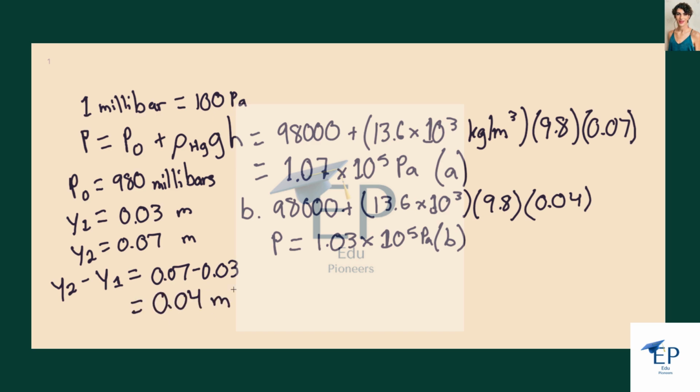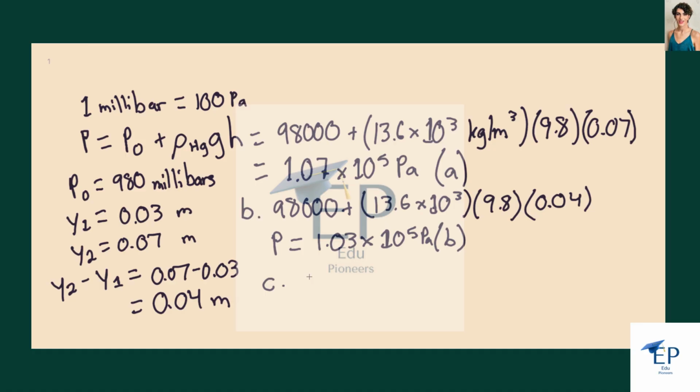Notice that this value is the same value as we used in part B. And all the other constants are going to remain the same. The atmospheric pressure doesn't change, the density of mercury doesn't change, and the acceleration due to gravity does not change. And we have the same height because in part B they're asking us for a depth of 4 centimeters, and then here they just asked us the absolute pressure of gas in the container, y2 minus y1 being 0.04.